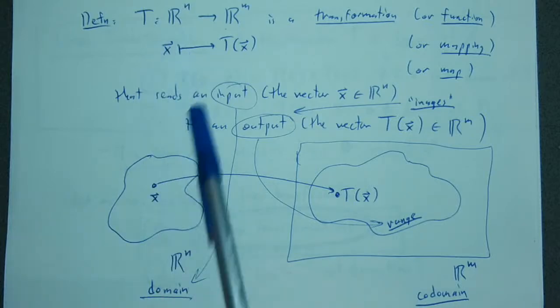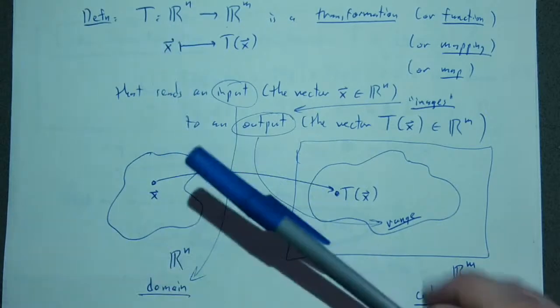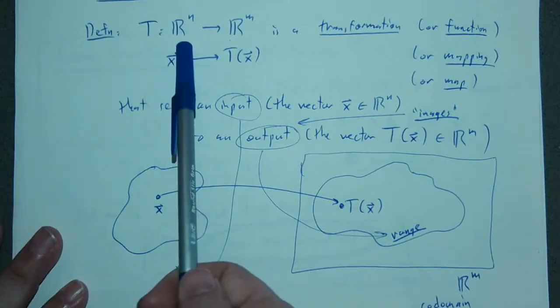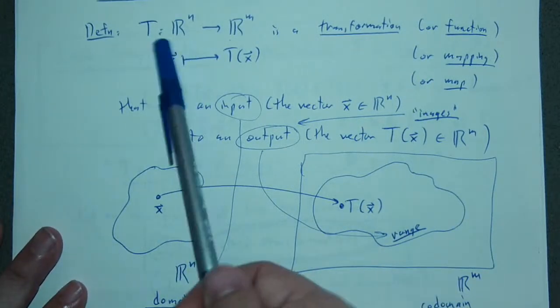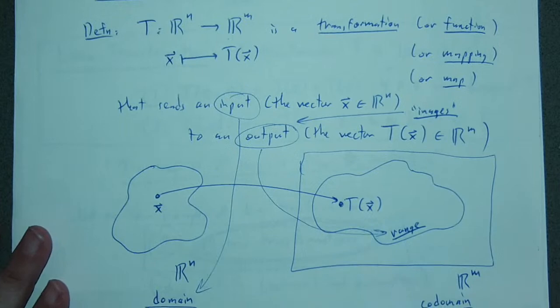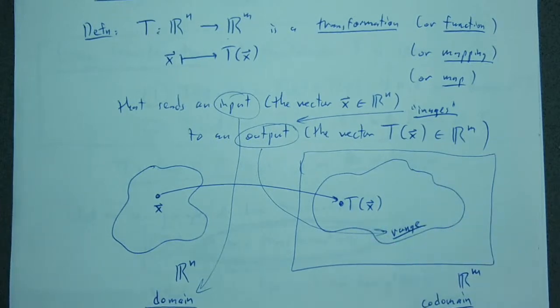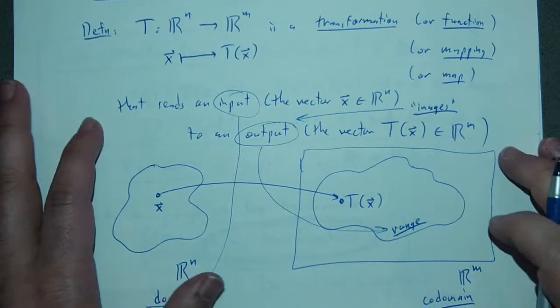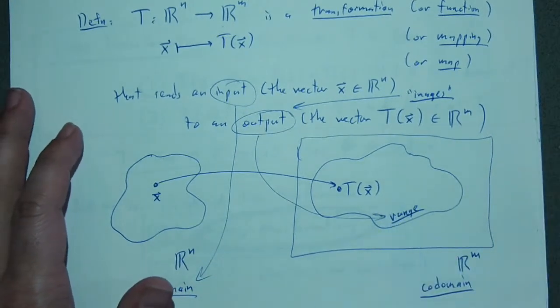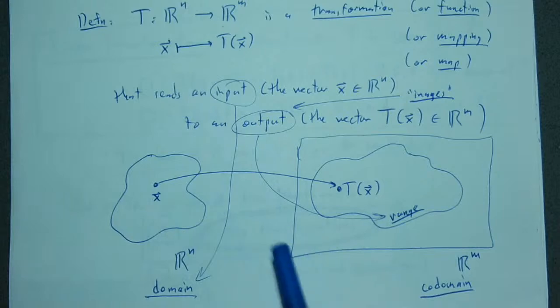For us, we're not going to worry about restricting this at the moment, so in this case its domain would be all of Rn. Its range, however, is some subset of the codomain Rm. I will talk about examples of transformations that don't have a range that is all of the codomain.